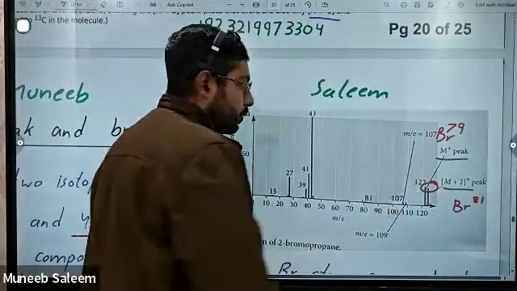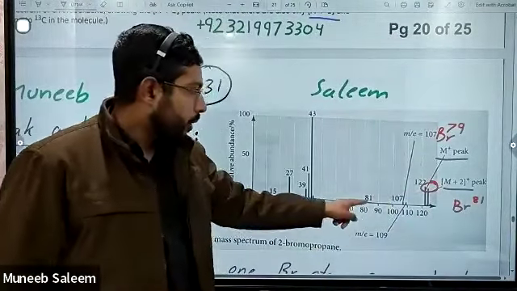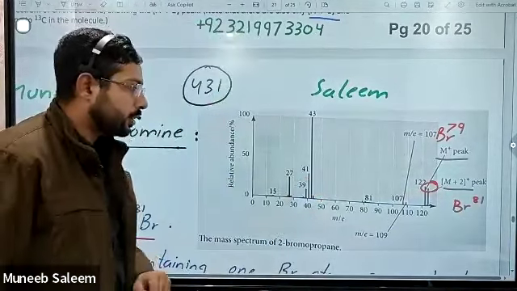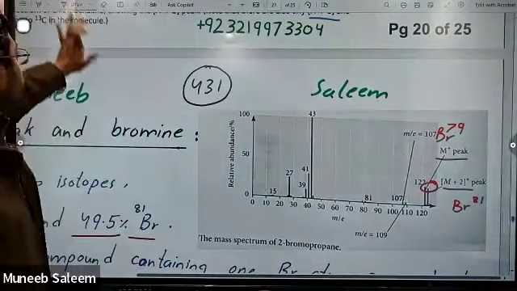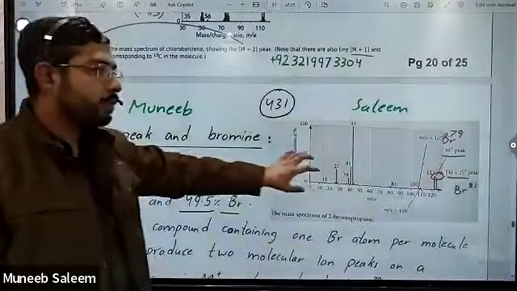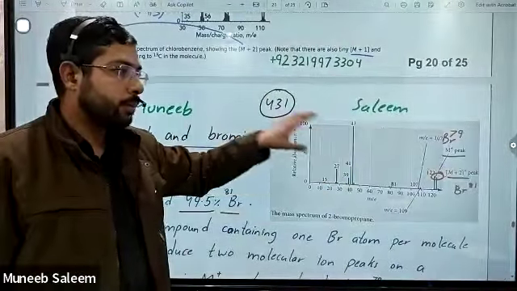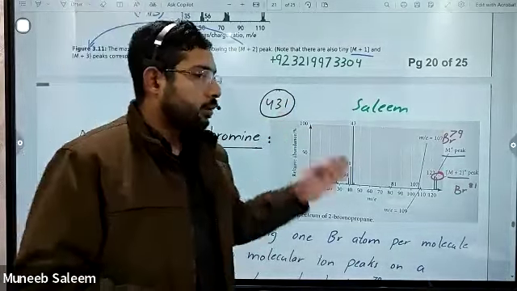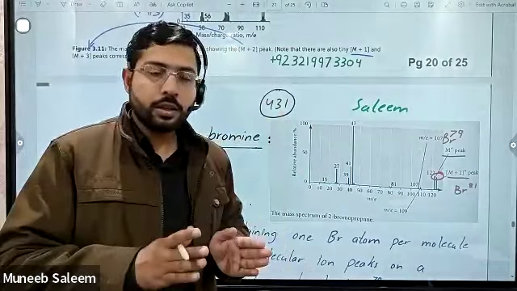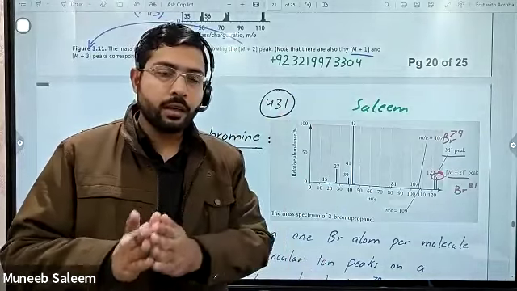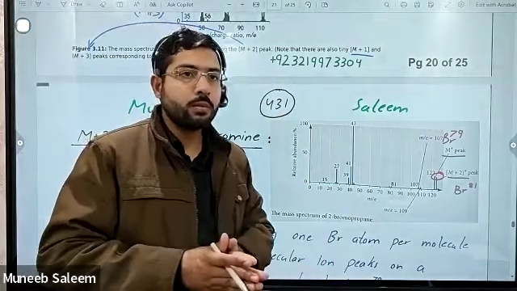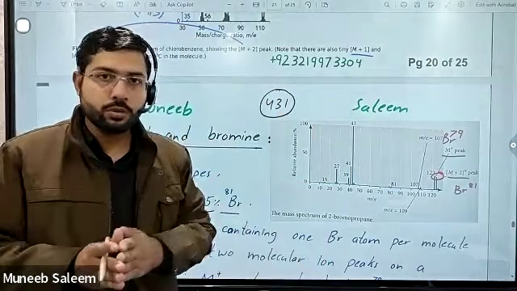because of the difference of 2. However, the intensities will be almost similar. You will not find such a difference in them in terms of the intensities. So you will need to distinguish the peaks on the basis of chlorine and bromine. Chlorine has a clear-cut difference of 75% and 25%, which means their peaks are of the order of 3:1.